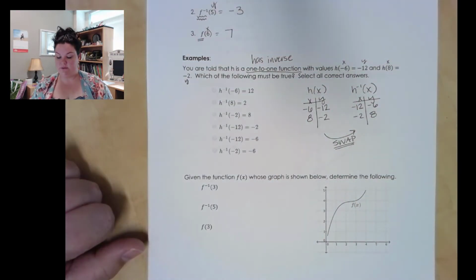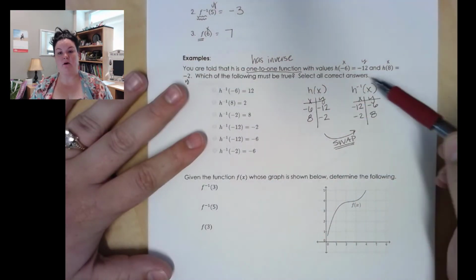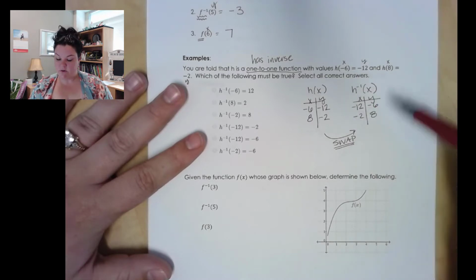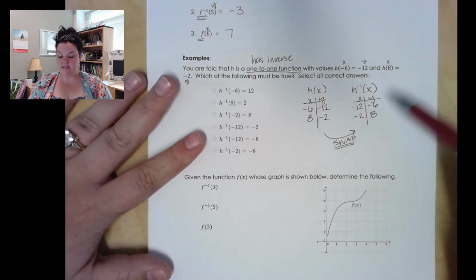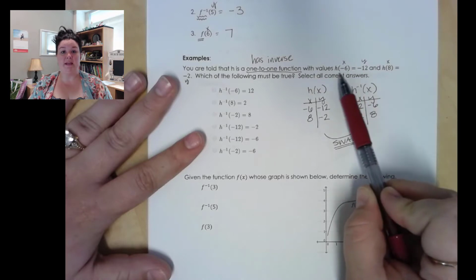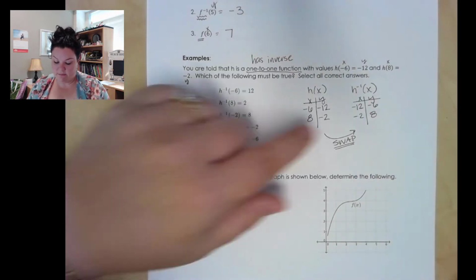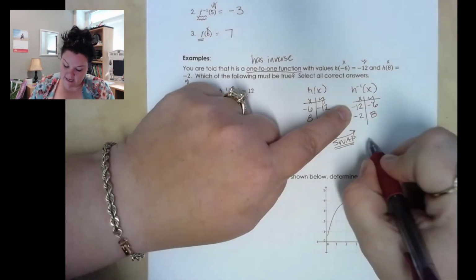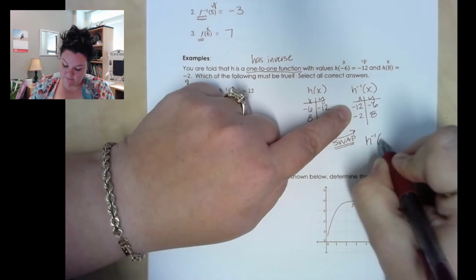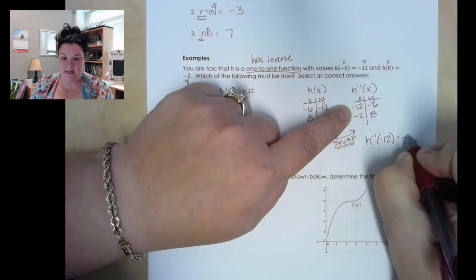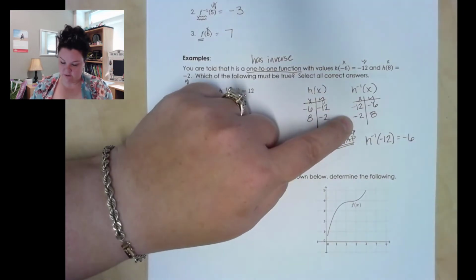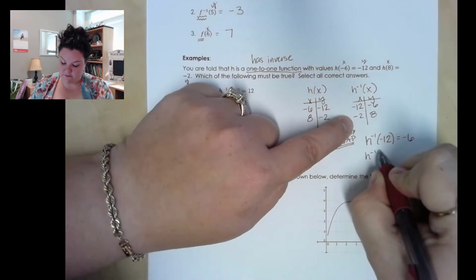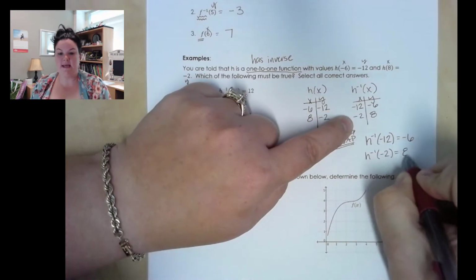So this is what I know to be true about my inverse function. I just want to write these ordered pairs as mathematical statements like we were given. So if my input is negative 12, that means that h inverse of negative 12 equals negative 6. It also means that h inverse of negative 2 equals 8.